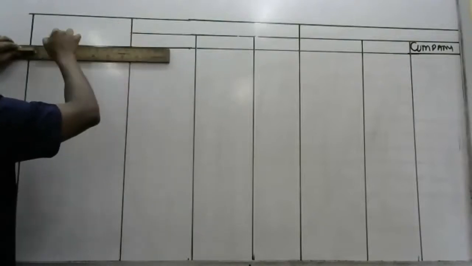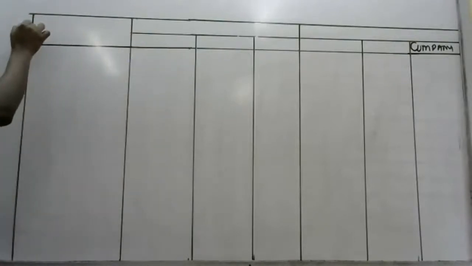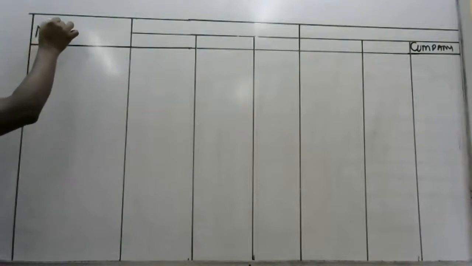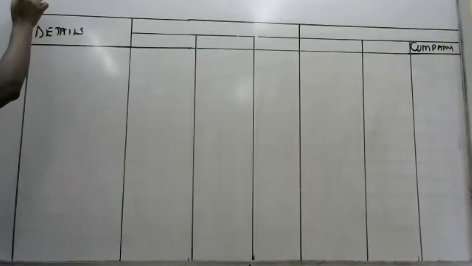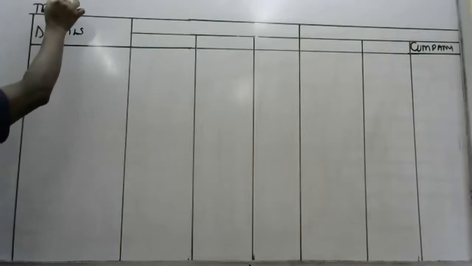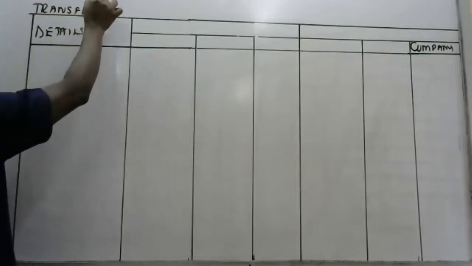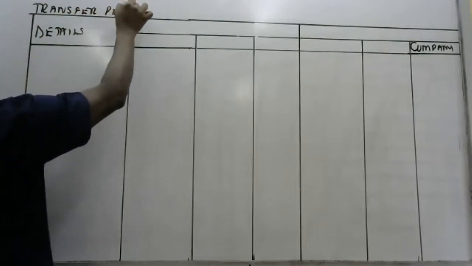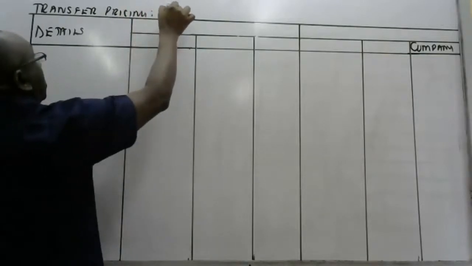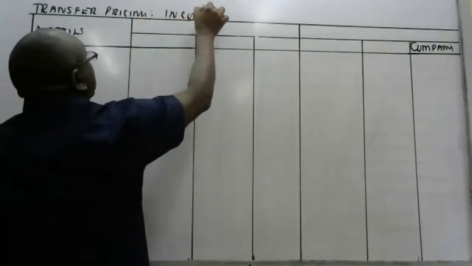So draw a table like this. So here I have details. So this is transfer pricing. And what we are doing is income statements.